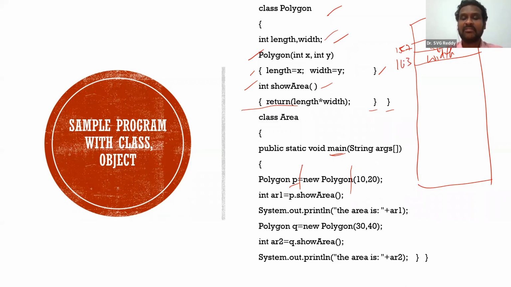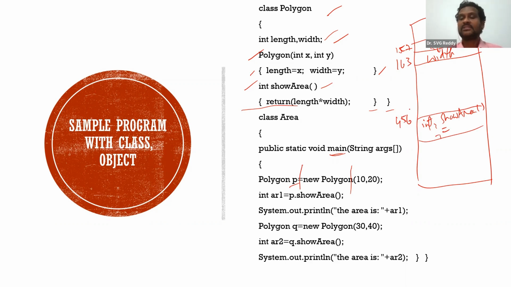Please understand, whenever we create an object, for the variables and the method, int showArea, I'll write it here, the actual code is, for example, at 456 somewhere.